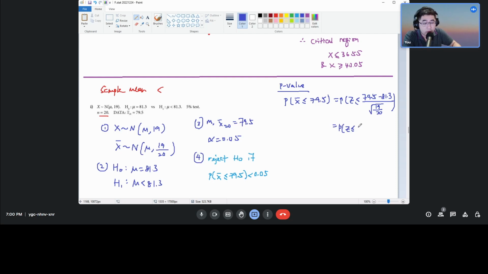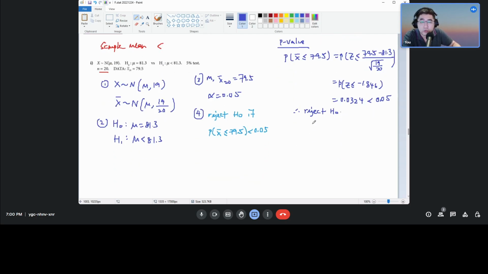So I have negative 1.846, and I have 0.0324. Of course, this is lesser than 0.05. Therefore, over here, we reject H null.